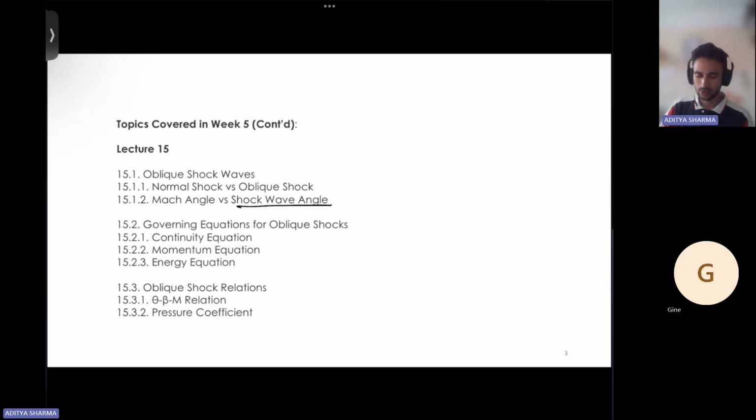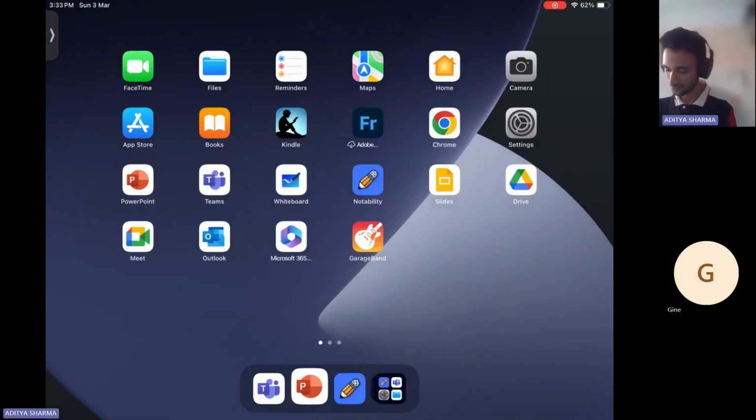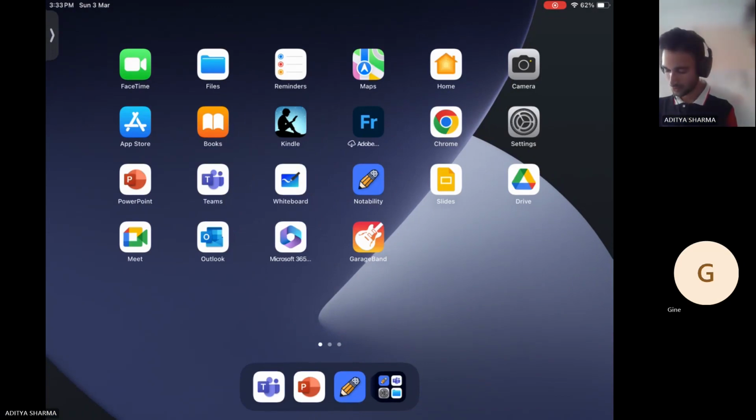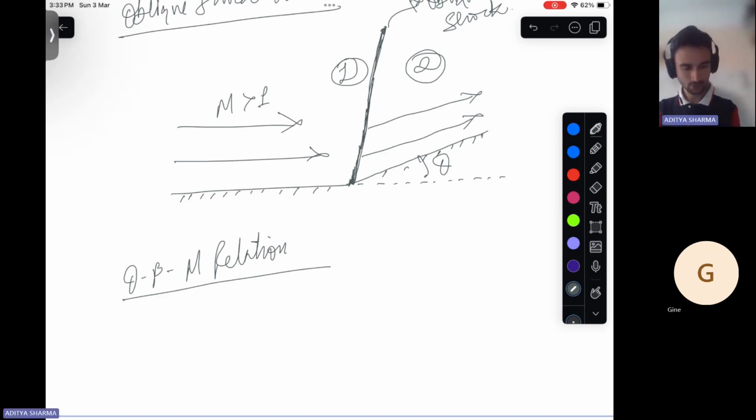Then there are these relations. There's the Prandtl-Meyer relation also, but I'll not write the Prandtl-Meyer relation here. Let me write the theta-beta relation at least. So this is tan theta equals 2 cot beta.